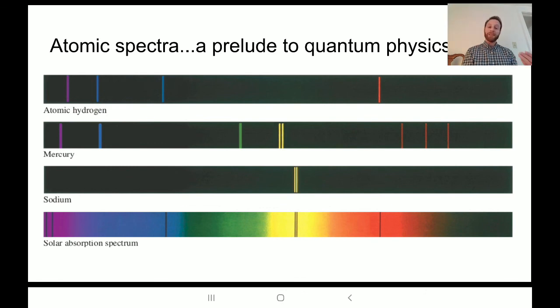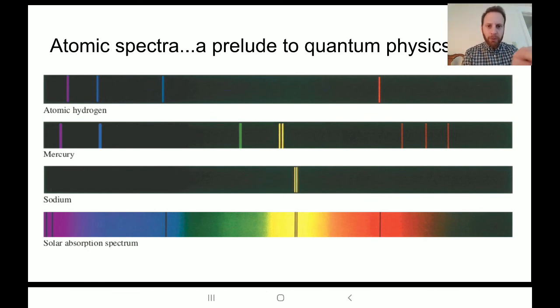When you go to look at the sun, it's mostly white light. You see most of the colors, but through a spectrometer, you'll notice that there are pieces of the spectrum missing. That's where there is absorption by the elements that we know exist in the sun. So have you ever wondered, how do we know that the sun has hydrogen? How do we know that it has trace amounts of sodium inside of it?